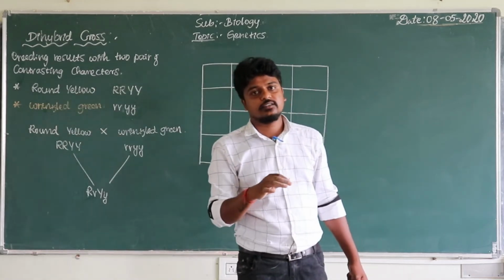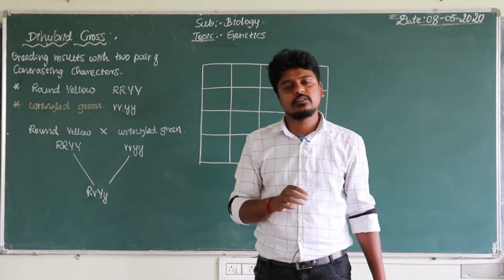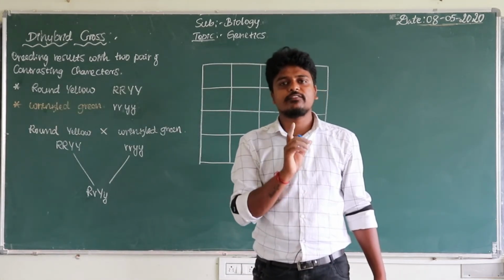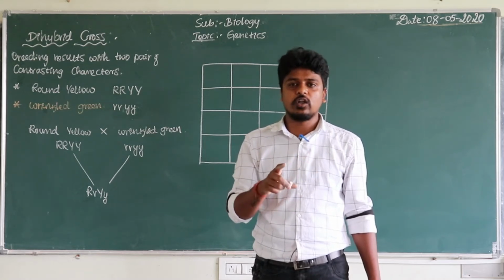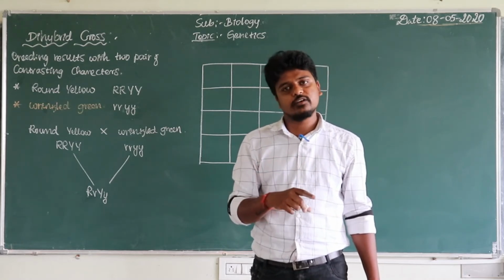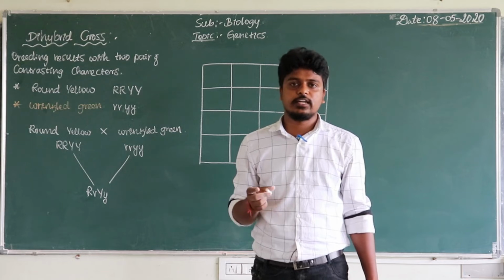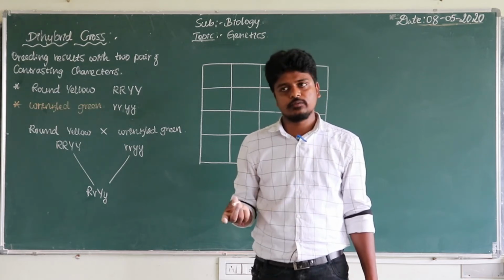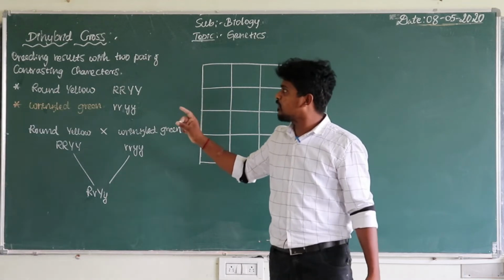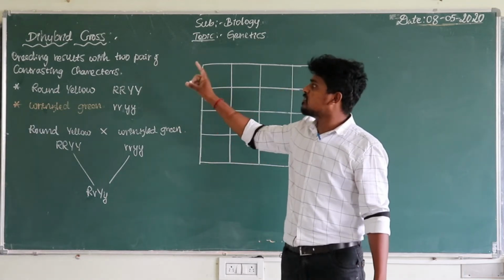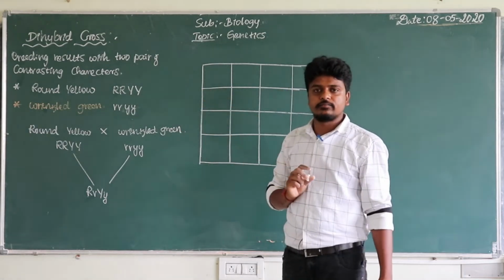In the last problems we solved only 1 pair of contrasting characters, such as tall or dwarf, axillary flowers or terminal flowers, wrinkled or round. But here the dihybrid means the result with 2 pairs of contrasting characters.